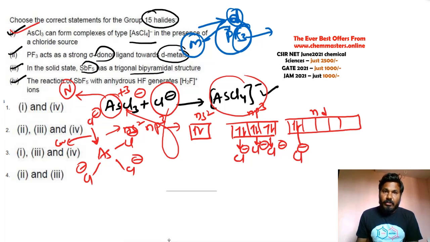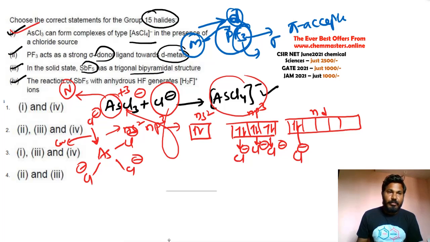That's why trifluorophosphine acts as a strong pi acceptor instead of a sigma donor. So we can eliminate this second statement, it is the incorrect statement.